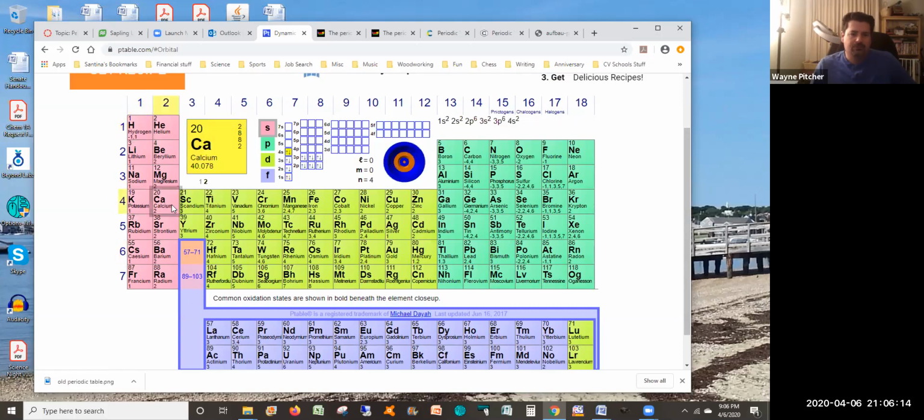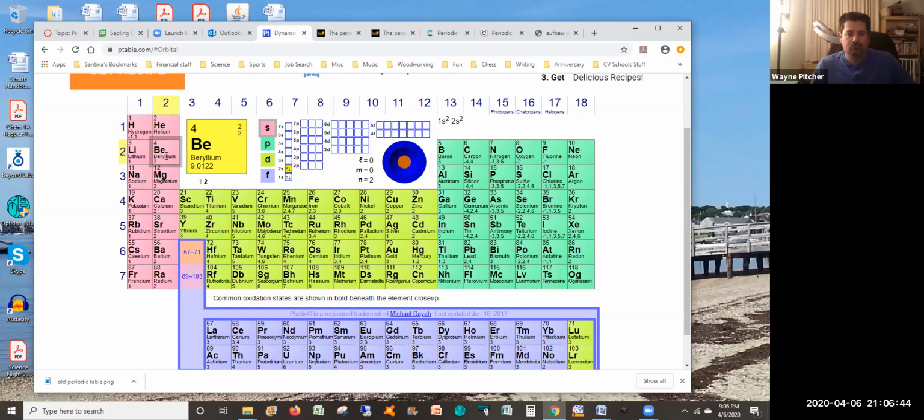In the pink, we have the s block. These elements have as their highest energy ground state electrons s electrons. Hydrogen is 1s1. Helium is 1s2. And then lithium is 1s2, 2s1.